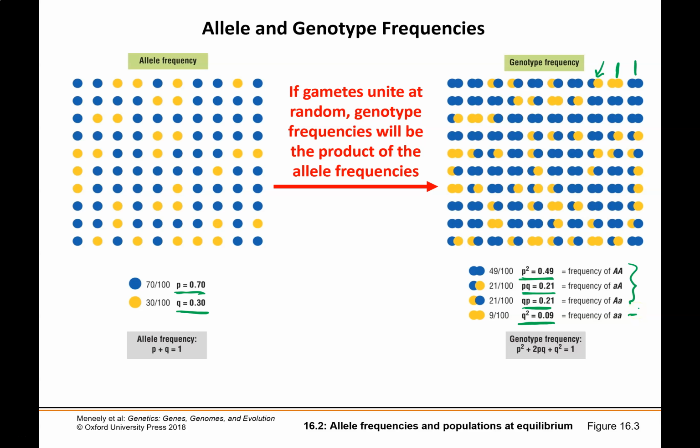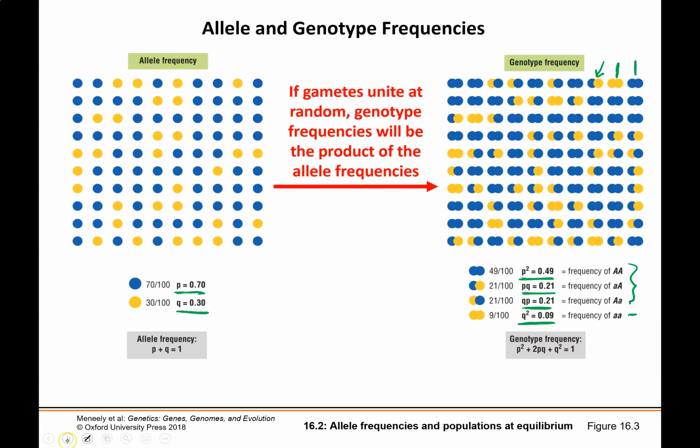At one point in time, we could calculate the allele frequencies and then do the same thing and look at the population again after some sort of event that might cause a change. We'll talk about those in a few minutes, and look to see if the allele frequency has changed.